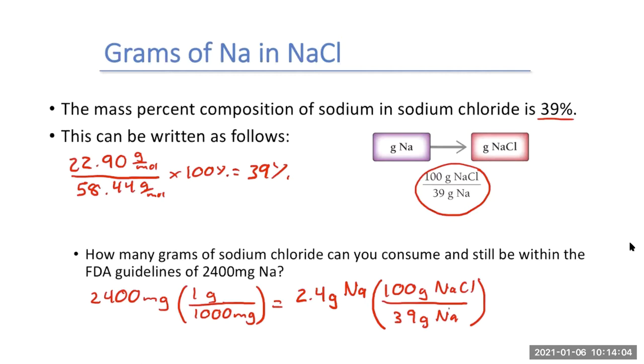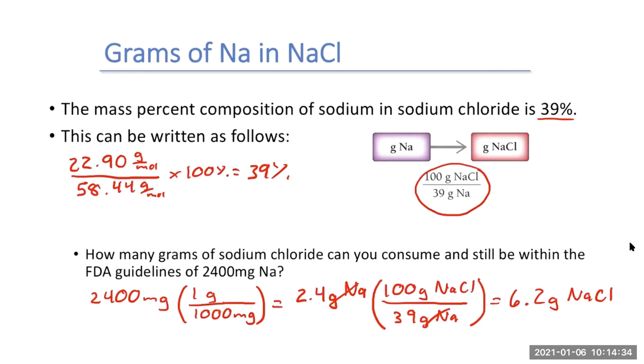Here my grams of sodium cancel out, leaving me in just grams of sodium chloride, which gives me 6.2 grams of sodium chloride I'm allowed to eat per day, or that you guys are allowed to eat per day.